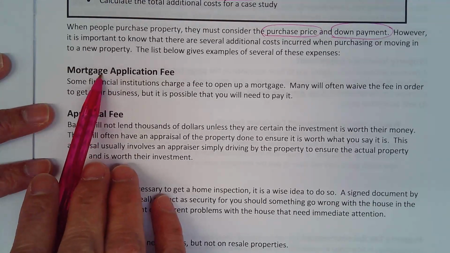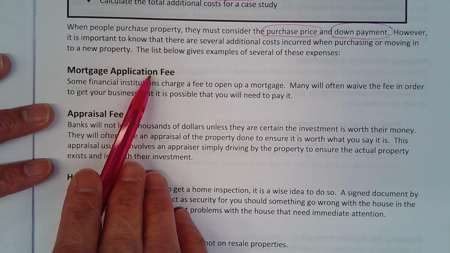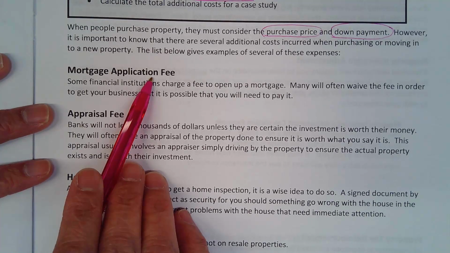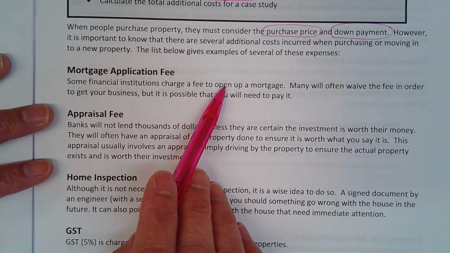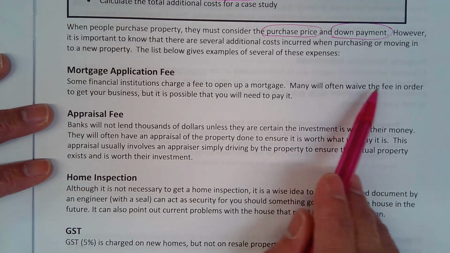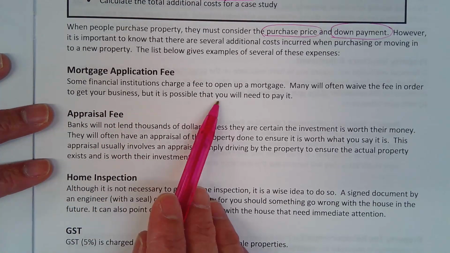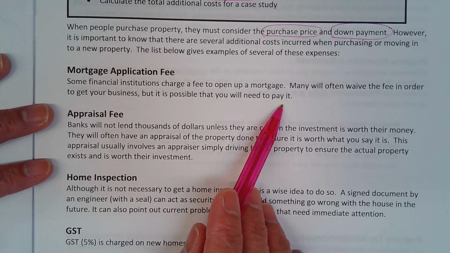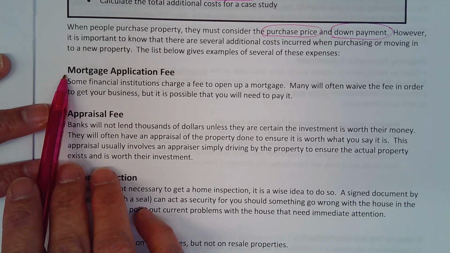Well, we can be asked for a mortgage application fee. Some financial institutions charge a fee to open up a mortgage. Many will often waive the fee in order to get your business. It is possible that you will need to pay for it though.